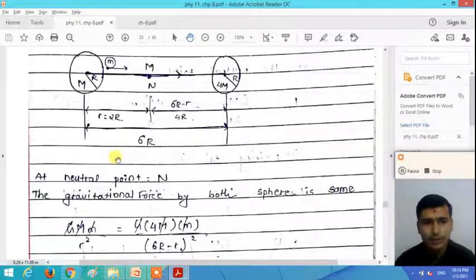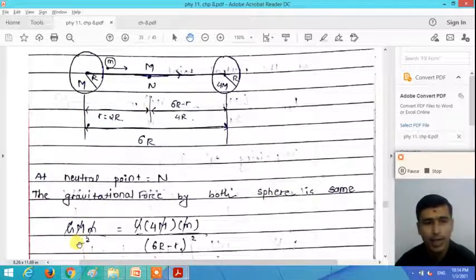The gravitational force acting on the object due to the first sphere is G, mass of the first sphere capital M, mass of the object small m, divided by distance small r squared, which is r square.